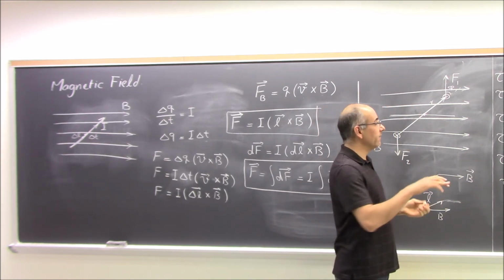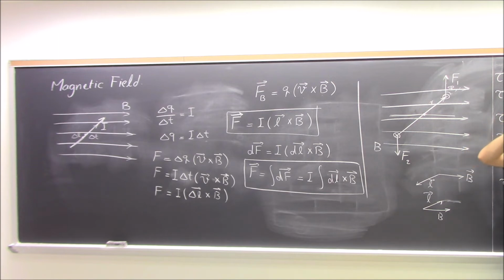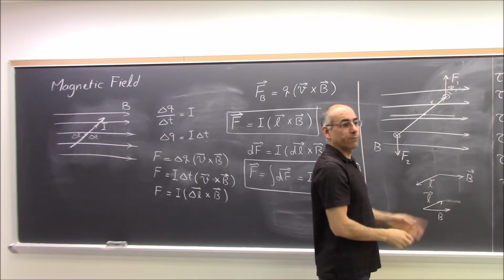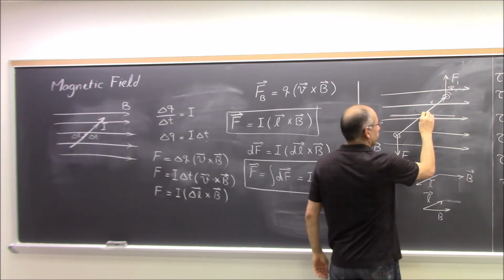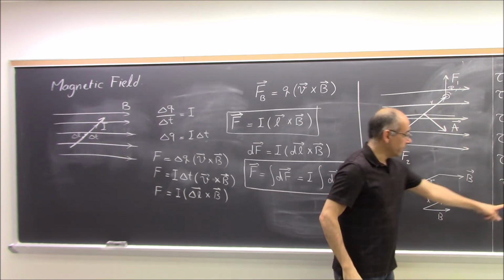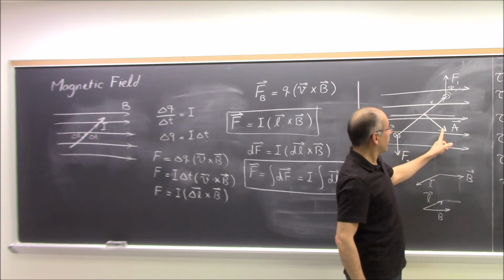We say that the area vector is defined by a right-hand rule. If you put your four fingers in the direction of the current in the loop, your thumb shows the direction of the area. So it could be up this way or down this way, right? But now with the current, we uniquely define this area vector. It has magnitude of A, which is capital A, and it is in that direction.